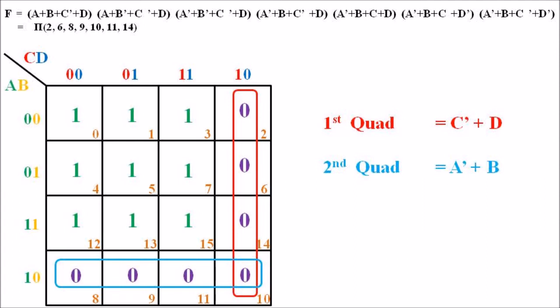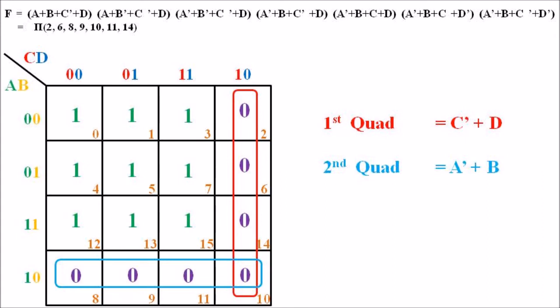That is, the value of C is 1 and the value of D is 0. Thus, the reduction can be written as C' + D. Since the value of C is 1, we take it as C', and since the value of D is 0, we take D itself, and the plus sign denotes the max term.